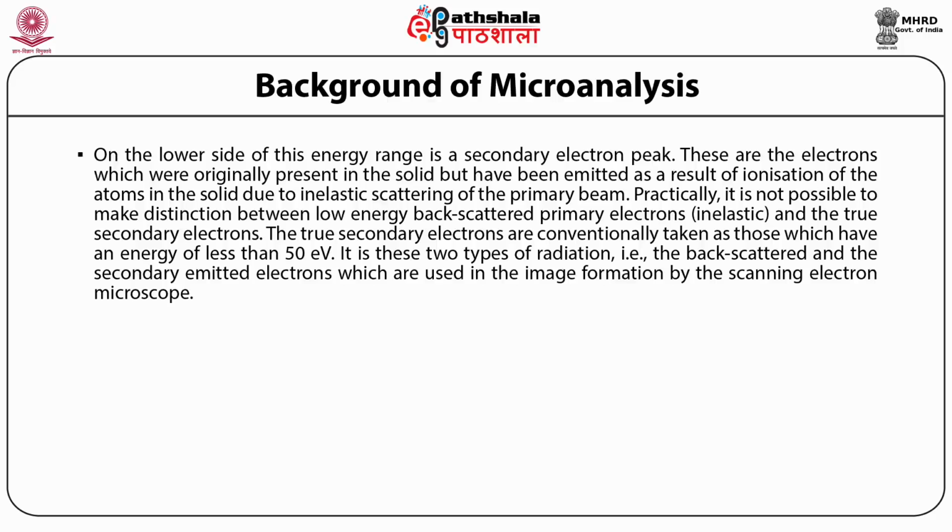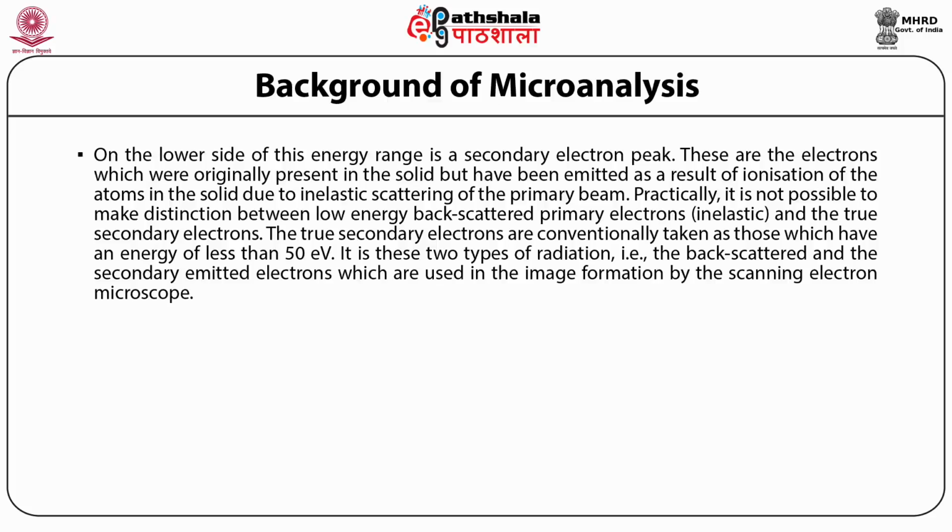Practically, it is not possible to make distinction between low energy backscattered primary electrons, that is inelastic, and the true secondary electrons. The true secondary electrons are conventionally taken as those which have an energy of less than 50 electron volt.